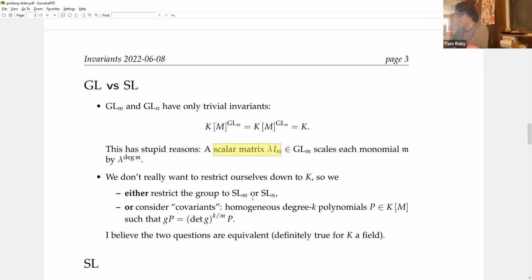So either we restrict ourselves to SLm or SLn, or we replace invariants by covariants, which basically incorporates this knowledge that scalar matrices scale, so they have to scale accordingly. Which means when you act by a matrix g on the polynomial P, it doesn't have to be invariant, it has to be multiplied by the appropriate power of the determinant. At which point you see that the degree has to be a multiple of m and so on. So I believe this is equivalent. It's definitely true when K is a field.